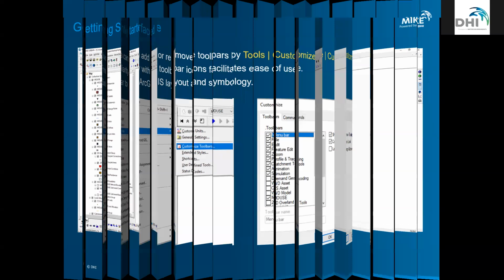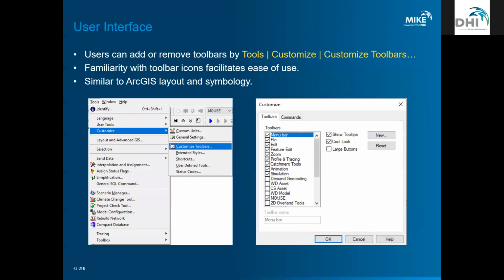So just to show you, at the top of the page, there are a bunch of drop-down menus, and that's where you're going to find all of the editors, all of the settings, things that you might want to customize. So for instance, if you were working on a hydrologic model and needed to edit very specific details about the catchment basins, you might want to add the catchment toolbars if they're not already shown.